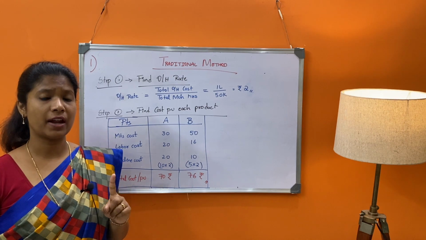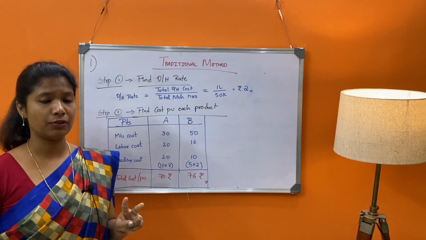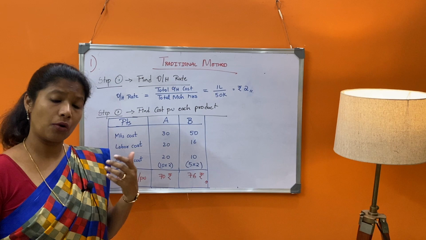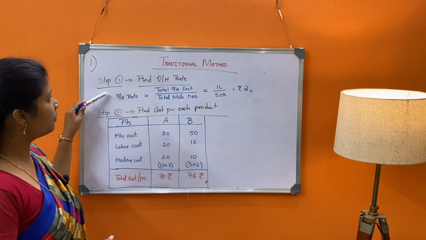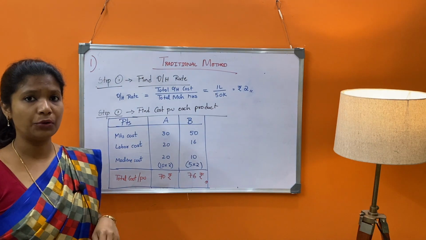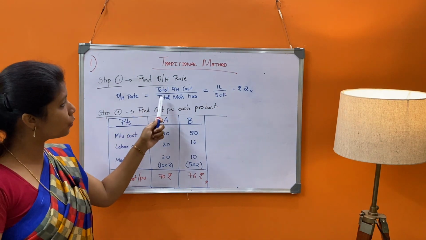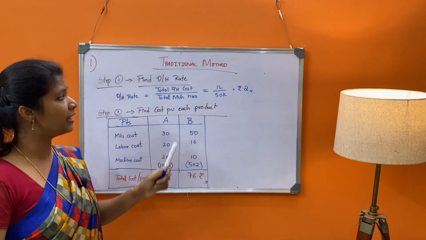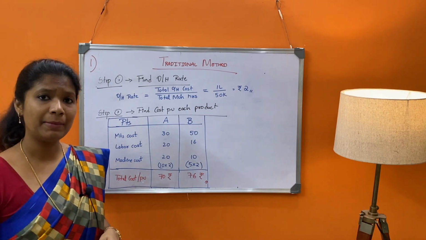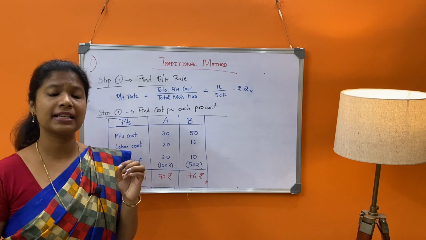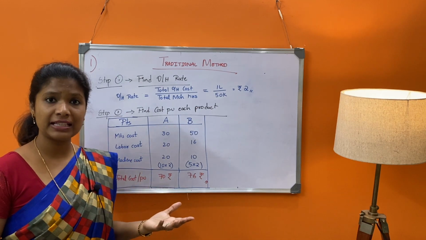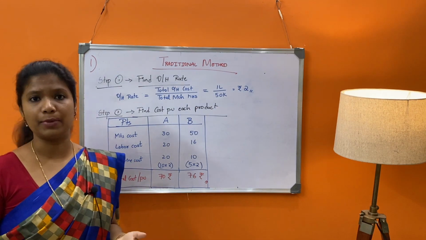The first one is to find out the overhead rate. The second is to find out the overhead cost or total cost per unit of each product. So here, find the overhead rate. How do I find out the overhead rate? The formula is total overhead cost divided by total machine hours. Now why am I taking machine hours? As I told, traditional costing always considers either machine hours as the base or labor hours, either one.